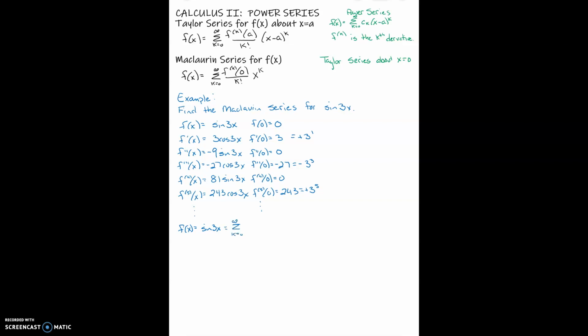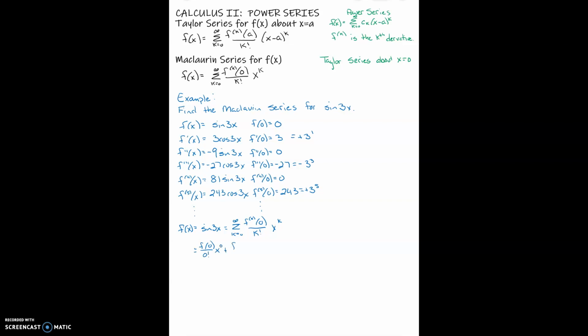Well, let's write out a few of these terms to see if we can see what's going on here. When k is 0, we have the 0th derivative at 0, which is really just the function, over 0 factorial x to the 0.